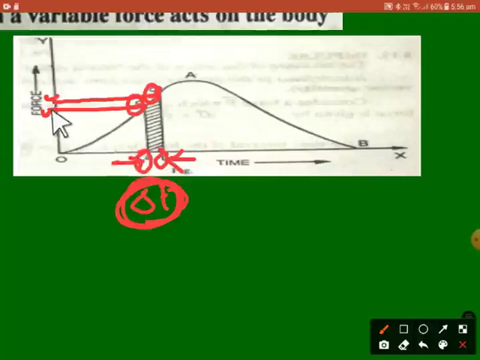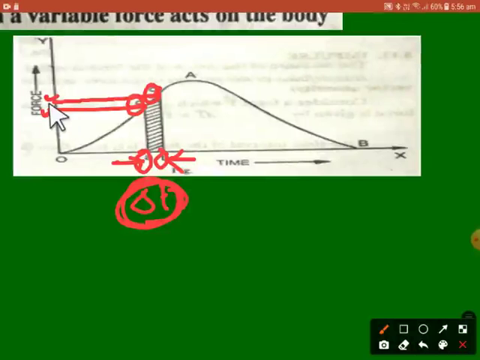To a fair approximation, we can take these two forces as the same. If these two forces are almost the same, then you may apply the graphical representation to find the impulse for a constant force.